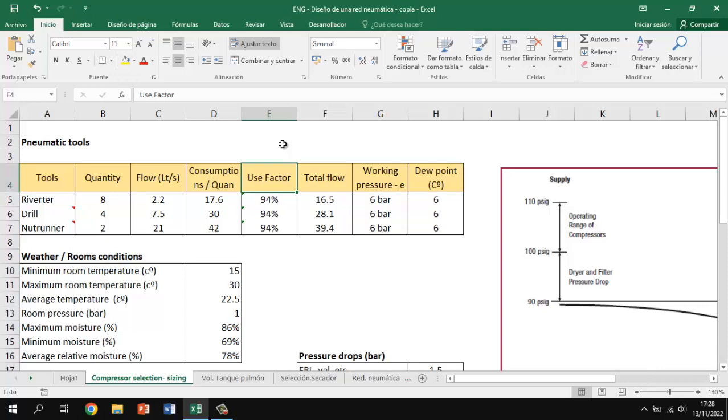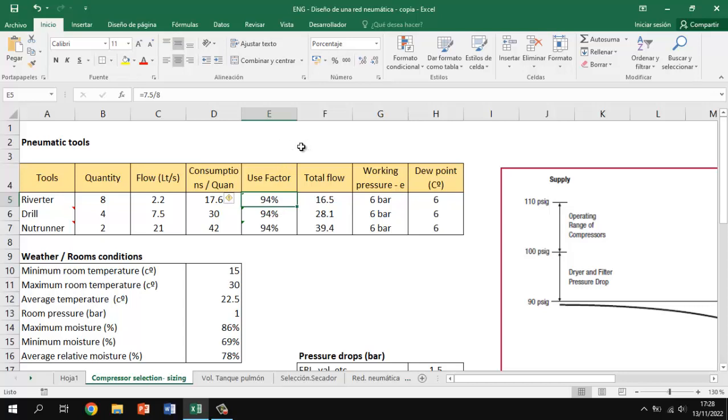So it's somewhat difficult. In the case of simultaneity, we think of 100%, or just one, as the total. In the case of the use factor, that is going to depend on you. So you can also consider 100%. So don't worry.